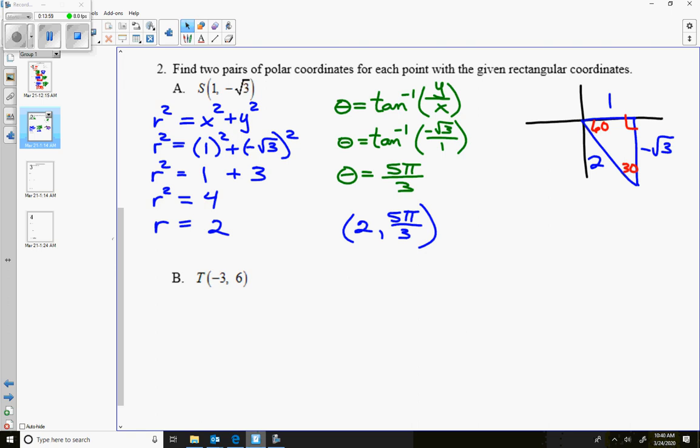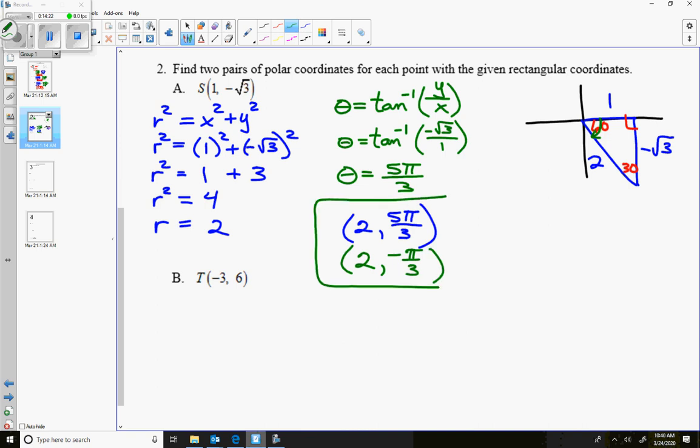Let's see. I guess since we already know this is just 60 degrees in quadrant 4, let's just do our other one. We're still going to walk forward, so let's just go the opposite direction, which would be simply negative pi over 3.